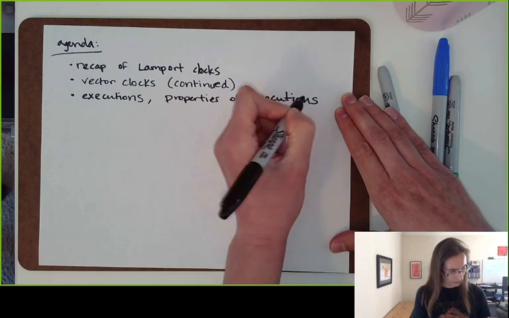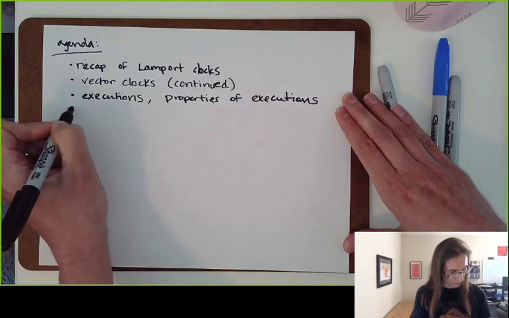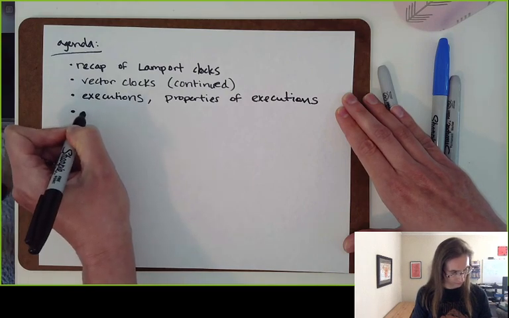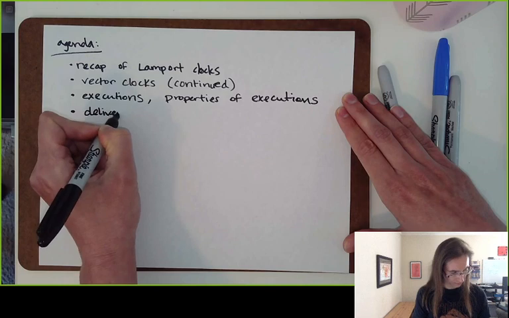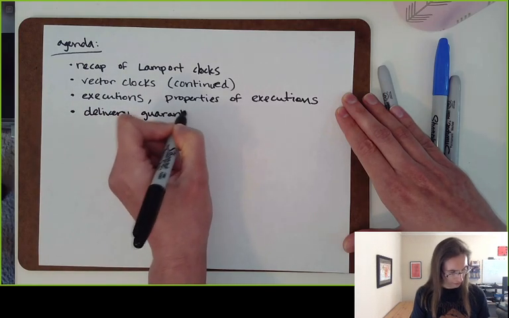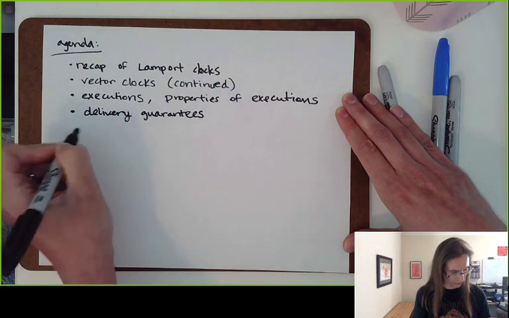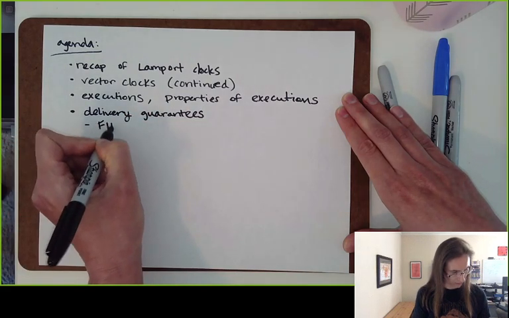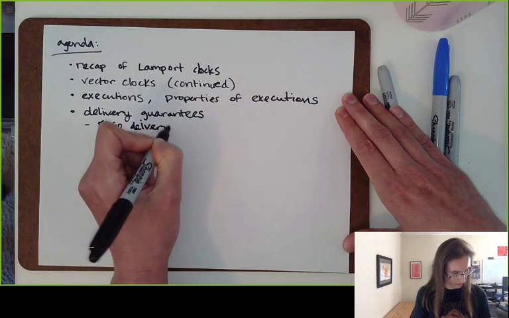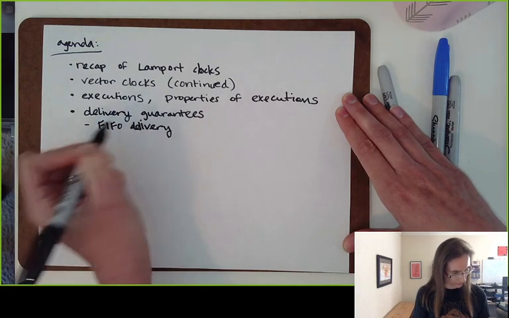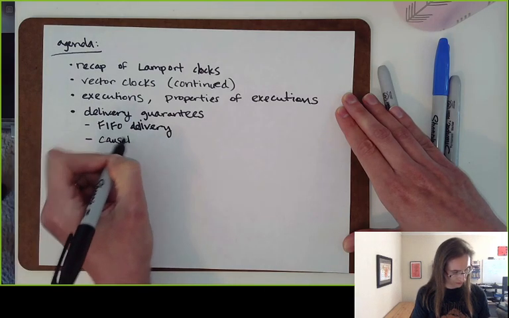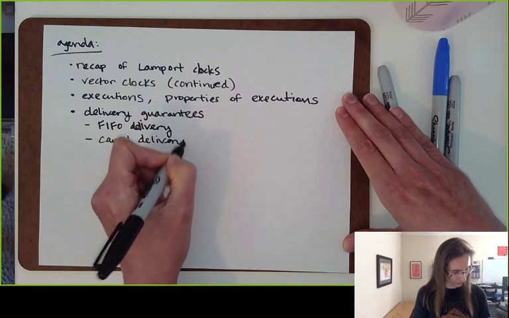And from there, I think we'll get to delivery guarantees, which will include FIFO delivery, causal delivery, and totally ordered delivery.